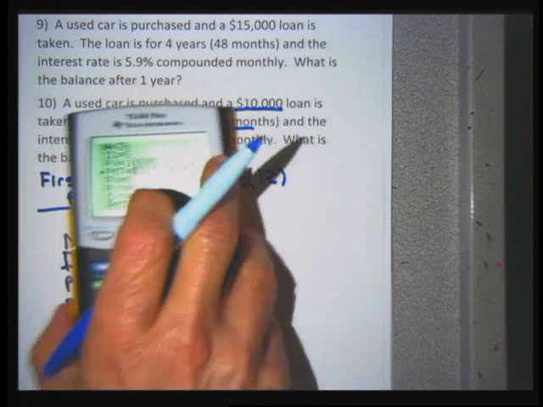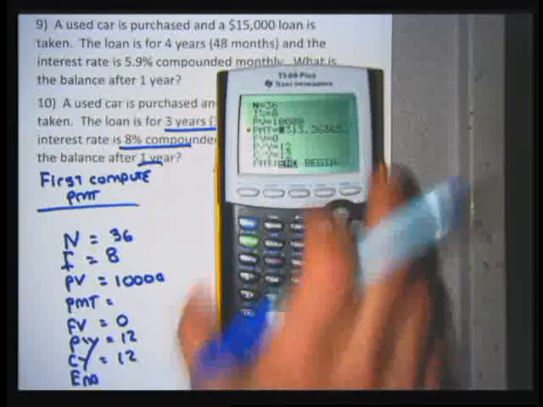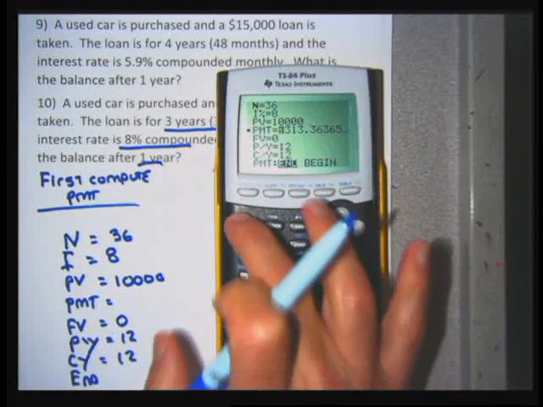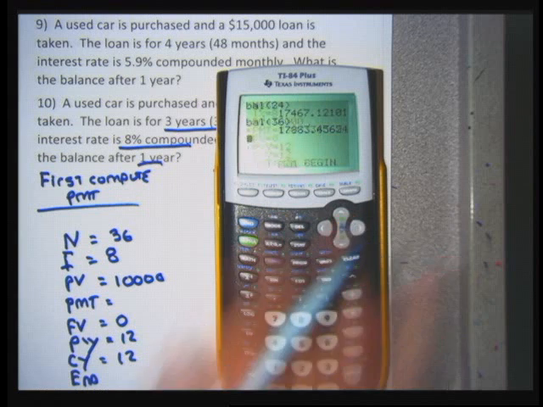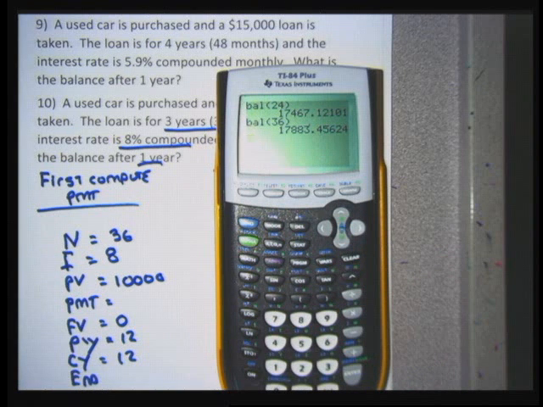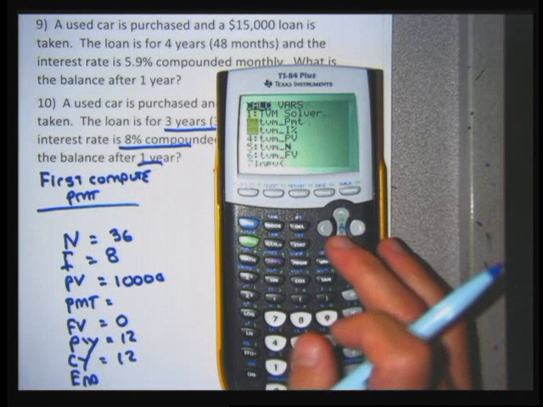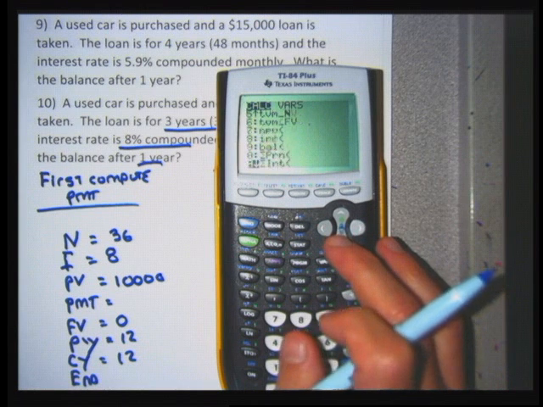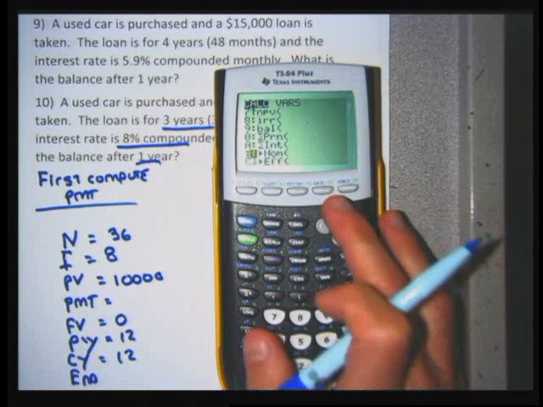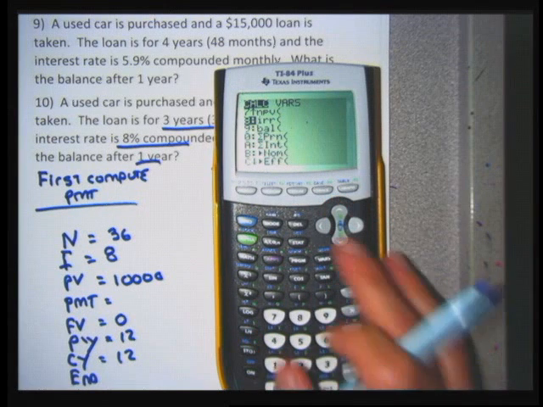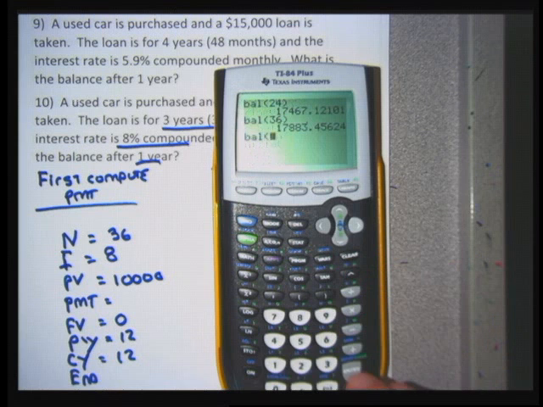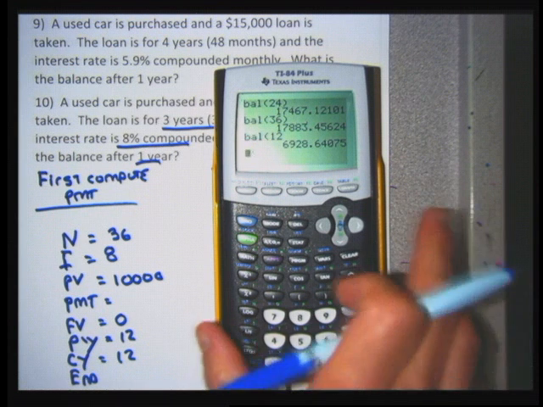And before I can do balance 12, I have to quit out of the screen. So I hit second and the mode key. Gets me to the main screen. Then I go apps, finance, find BAL, hit enter on BAL, type 12 months, don't even need to close my parentheses, and it's going to be $6,928.64 after 1 year.